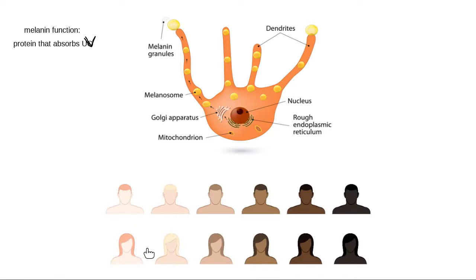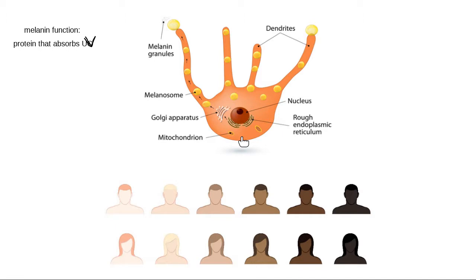I don't have enough of our Bitmojis to know where we are on our spectrum here, but I'm kind of down here. Some of us probably are edging more toward the right side or more toward the left side of the skin color spectrum. All of us, though, regardless of what color you have, all of us have the same number of these cells. We all have the same number of melanocytes.